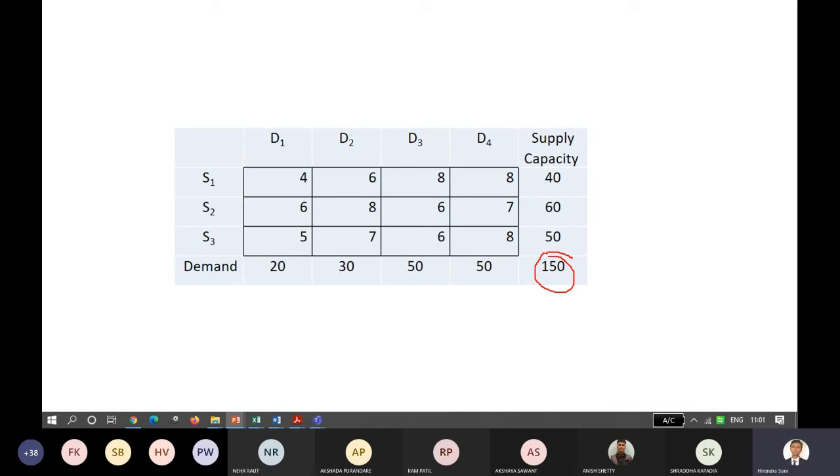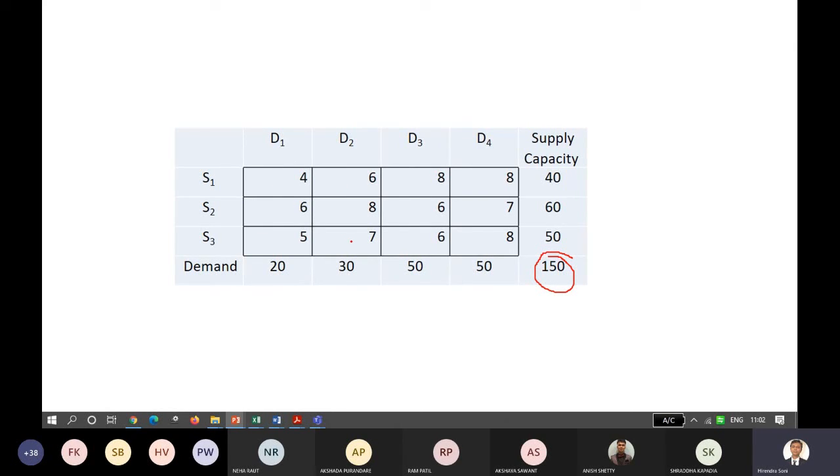Are we clear up to this? Yes, sir. The values indicated within the table, that is 4, 6, 5, 6, 8, 7, are per unit costs for the material movement from S1 to D1, S1 to D2, S1 to D3, and so on.